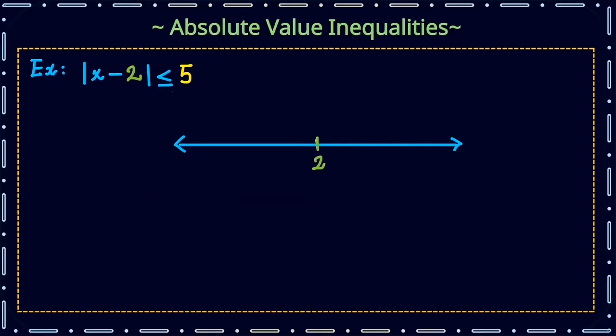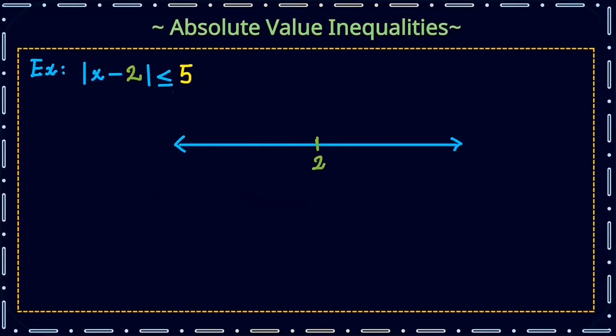Now imagine you are ordering pizza from a pizza place, and think of it as a street. Their location is at 2 on this street, and they deliver within 5 miles of the pizza place.